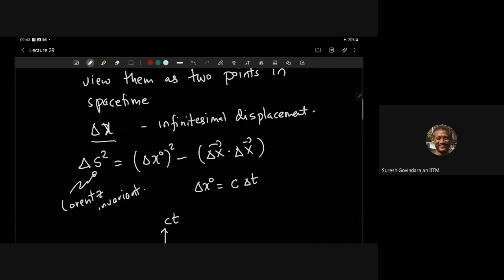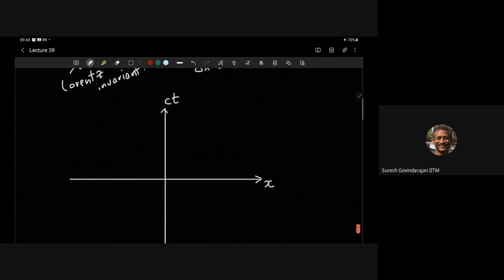So we can ask how a light ray would move. Let's say that we start with the origin and we ask what happens to a light ray. And you will see in this thing that it has to move at 45 degrees. Why is that?